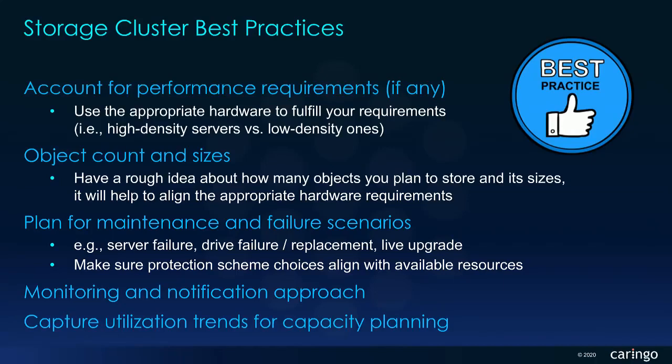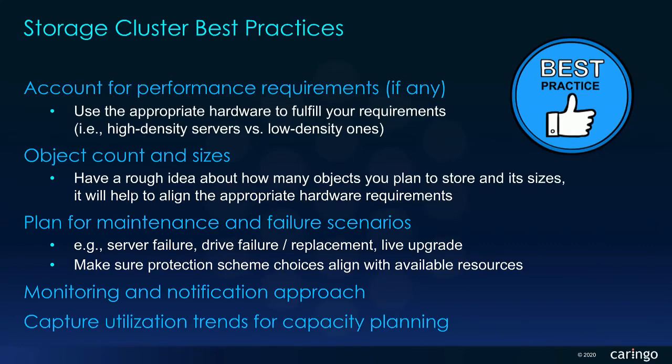And also have some kind of monitoring on your platform, right? I want to get an alert if I have a broken disk or if a server goes down for any reason. And besides that, when I am scaling out my cluster, I have to have some kind of trend to be able to anticipate when I am going to need more disk space or more performance.